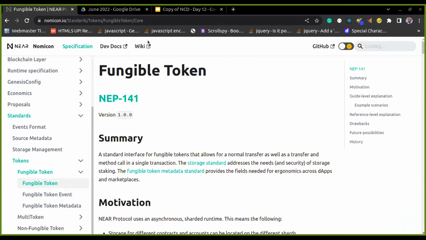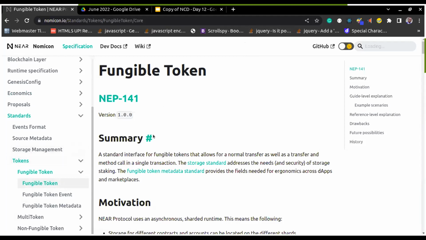There are some things you're required to implement within your smart contract for it to fully qualify as a fungible token smart contract. These are what we refer to as the standards. There is also a non-fungible token standard. If I'm not wrong, I think it's ERC 721. I'm not so sure, but I think that is it.